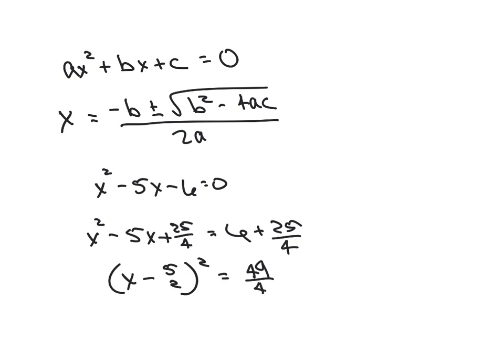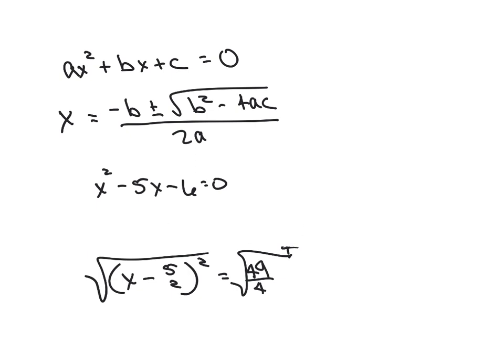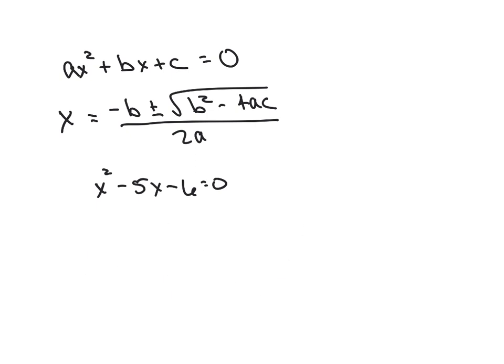Okay, so then we take the square root of both sides, and we continue on, and we'll get 6 and negative 1 for that answer. The next option is the quadratic formula, which is what we have right here. So let's go ahead and do that.